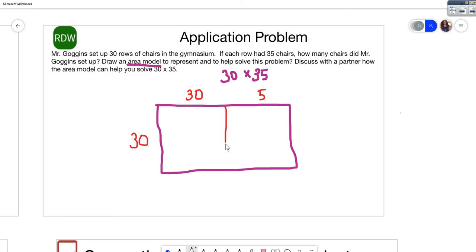And now I'm going to split my area model into two. That way I could work in this section, which tells me that the length is 30 and the width is 30, so 30 times 30. And in this section, which tells me that the length is 30 but the width is 5. I'm going to write it in so I don't forget.